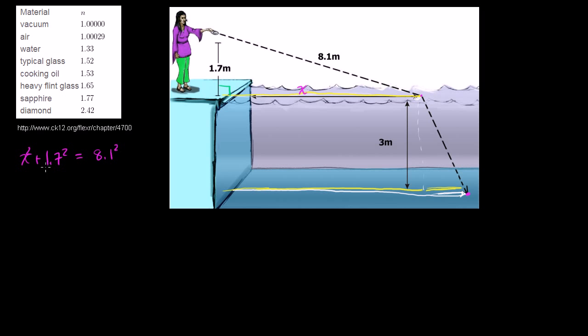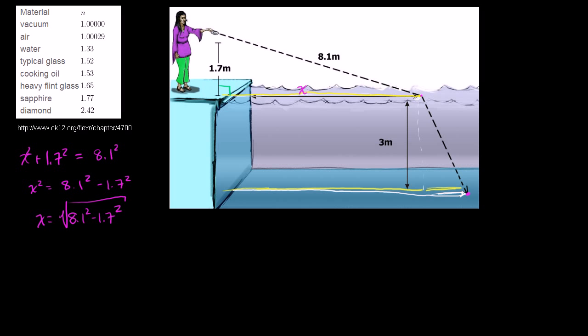Or we could subtract 1.7 squared from both sides. We get x squared is equal to 8.1 squared minus 1.7 squared. And if we want to solve for x, x is going to be the positive square root of this, because we only care about positive distances. X is going to be equal to the principal root of 8.1 squared minus 1.7 squared. And let's get our calculator out for that.